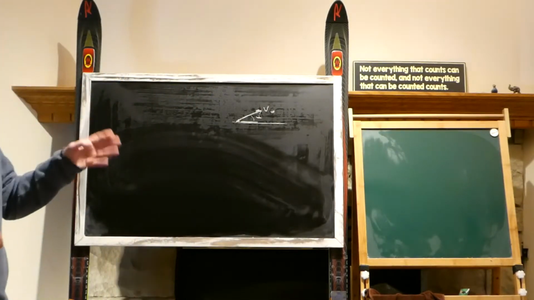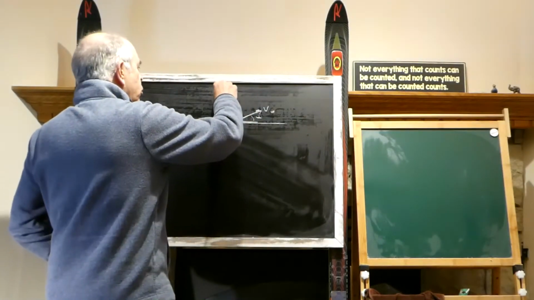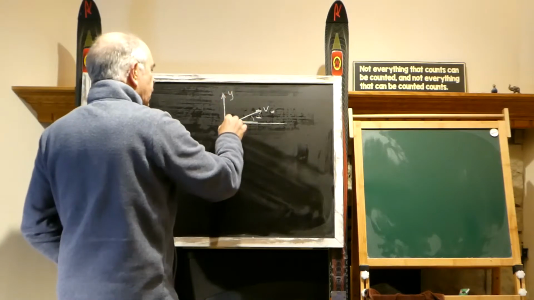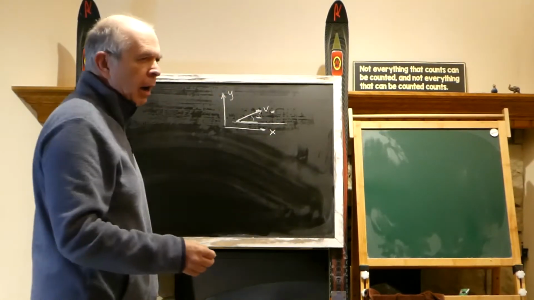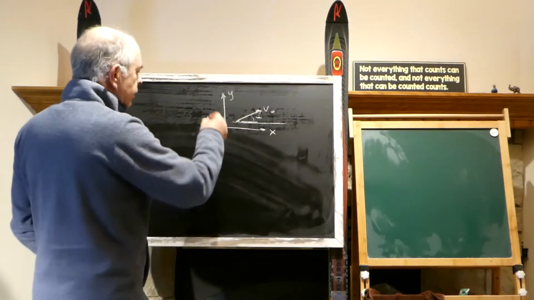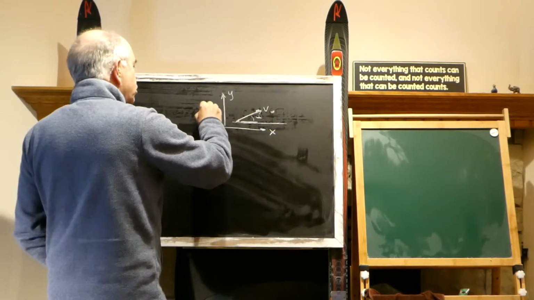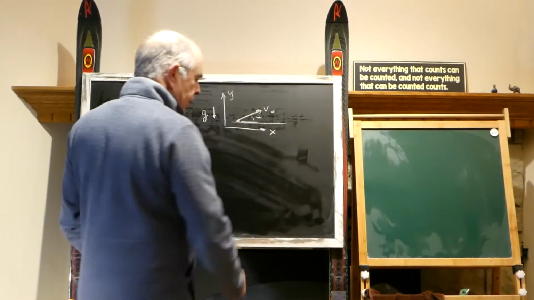And the essence of all of these problems is that there are two directions, y and x. It will always be like this, y and x. And we will say that in the y direction there is always acceleration g. And in the x direction there is nothing.